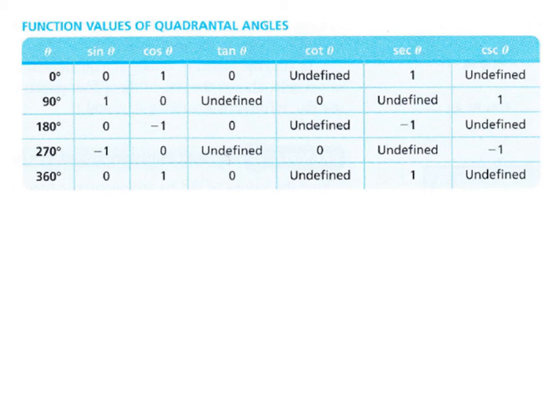And you'll get a pair of zeros. And you'll either have a pair of 1s or a pair of negative 1s, depending on which quadrant, or whether you're going left, down, up, or right. But again, still just going back to the different y over r, x over r, y over x ratios for those. Alright, so hopefully this is enough to get you started on your working with trig function values.